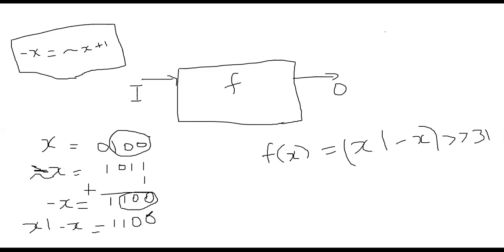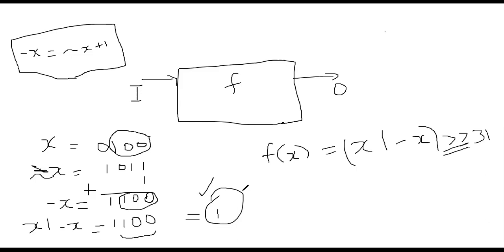So this is x OR with minus x. Now if you get rid of all the bits other than the most significant bit, what will happen? You'll get 1, right? That's basically the purpose of the shift operation. So this is the correct answer because our input is non-zero.